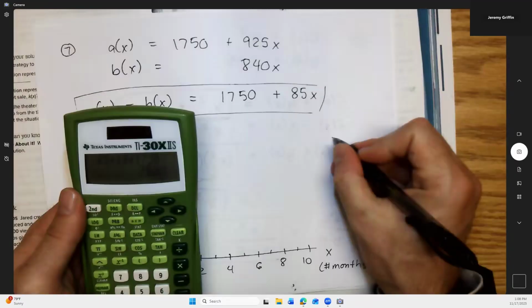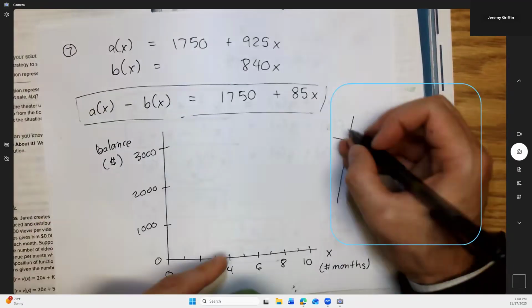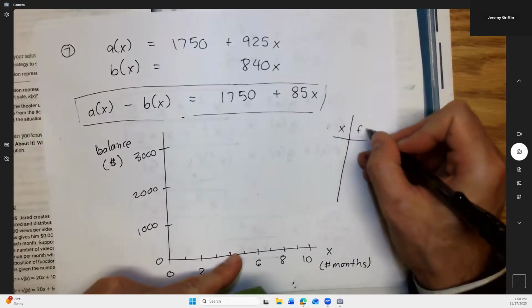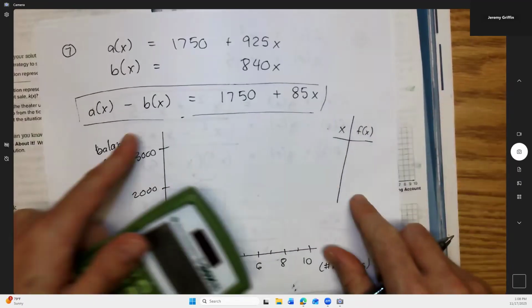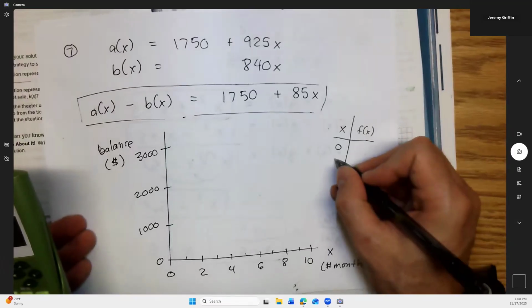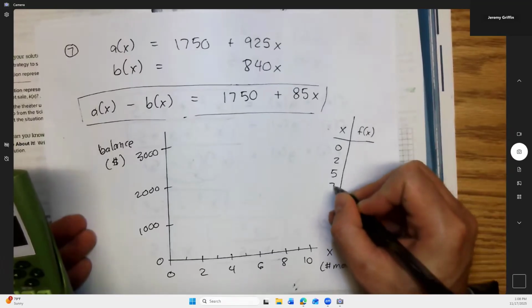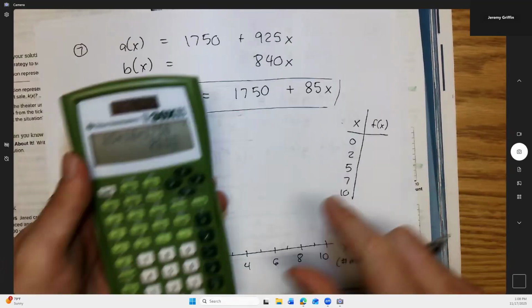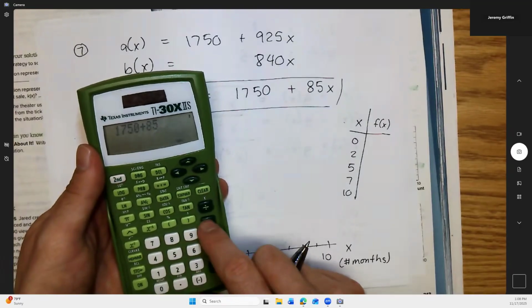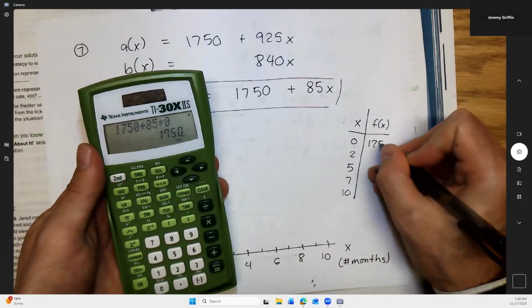All right, so let's get some points here. I could always make an XY table and plug in some values, see what happens. So after x many months, what is, I'll just call it f of x, which could be this difference right here. Let's try month 0, and how about 2, 5, 7, and 10? So 1750 plus 85 times 0, that's 1750.